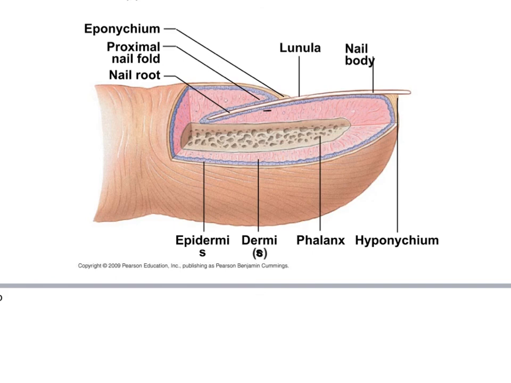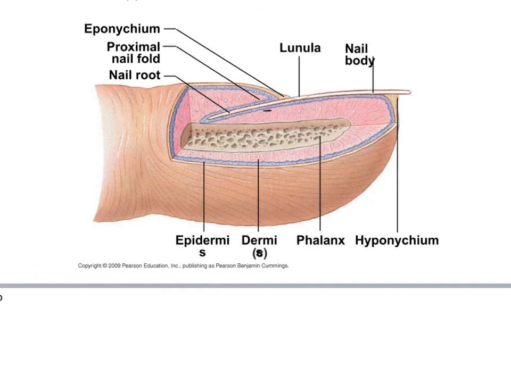You can see the epidermis, it's more superficial. The dermis is the pink area that's a little deeper. And then you can see the nail here. So the epidermis is producing cells that are creating this nail. The nail begins down here at the root, and then it gets pushed out to the very end.